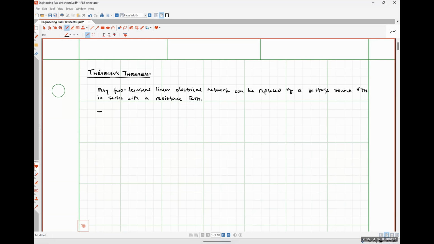So the Thevenin voltage, VTH, is the open circuit voltage measured across the terminals of the network slash component of interest.